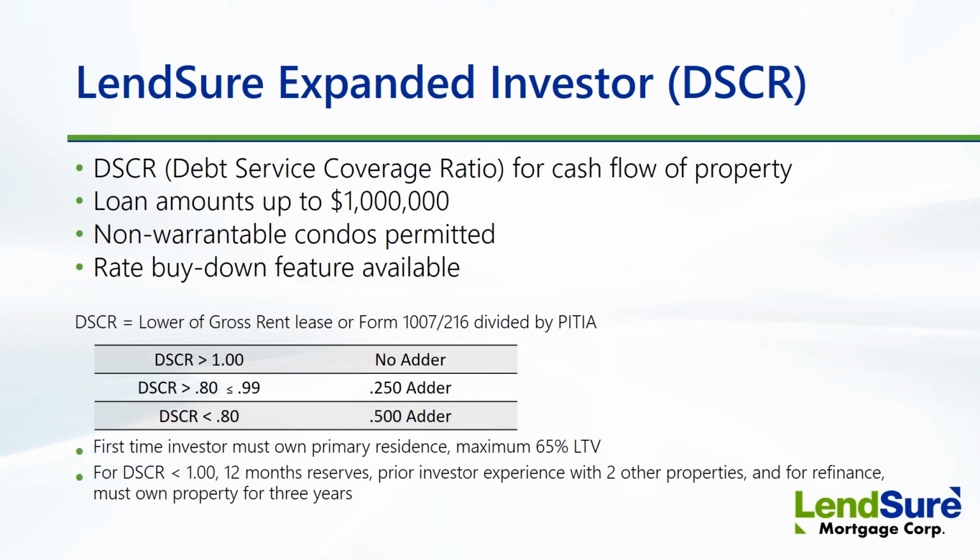Based on where we come out, if it's above 100%, meaning it totally cash flows, there wouldn't be an adjustment to the interest rate. If the DSCR were a little lower, say between 80 and 99, there would be a 25 basis point adder. And if it were lower than 80, there'd be a 50 basis point adder. These are very popular products with experienced professional investors.